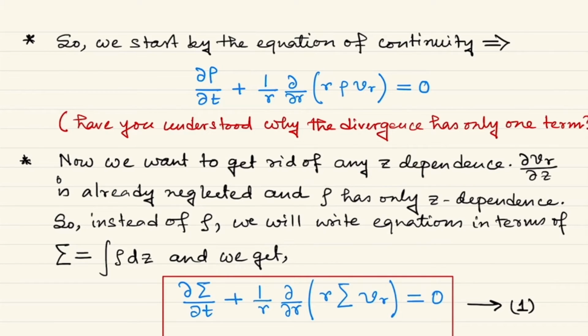That is because our primary assumption, or the premise, is that we should discuss the dynamics of a disk whose thickness is negligible with respect to its radial extension, radial dimension.